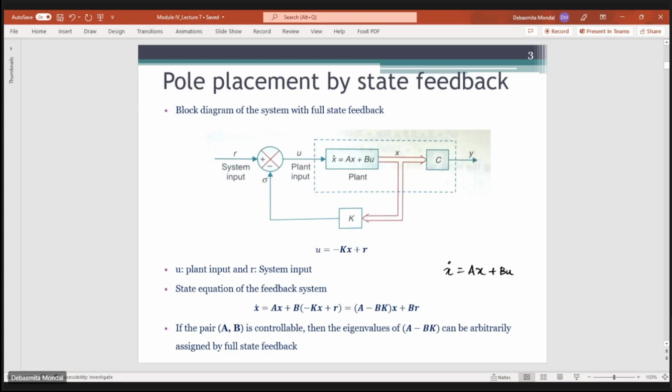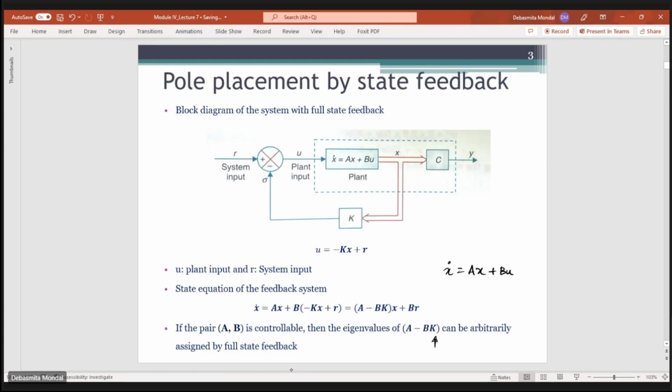Placed arbitrarily means that you can specify the eigenvalues of the matrix A minus BK by suitably choosing the value of K. A and B are not in your hand. They are integral to the plant. The only thing that you can change is the feedback gain, that is K.